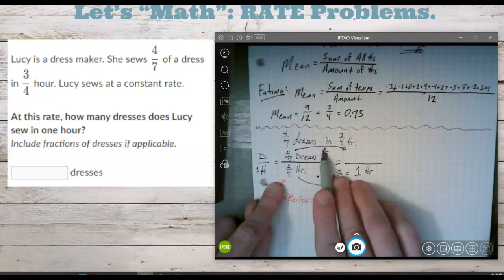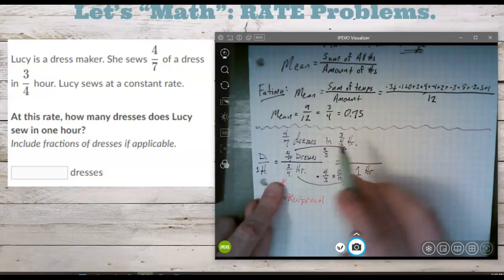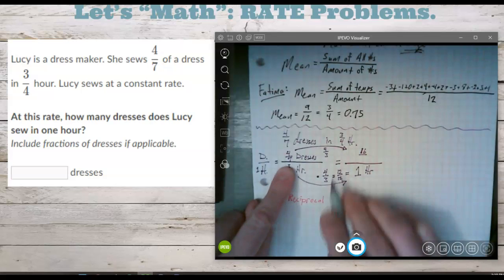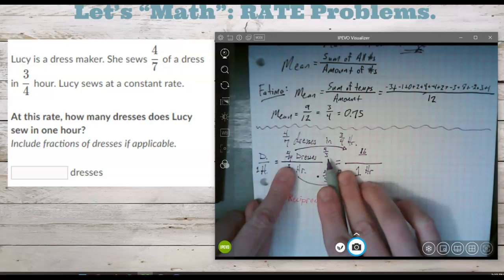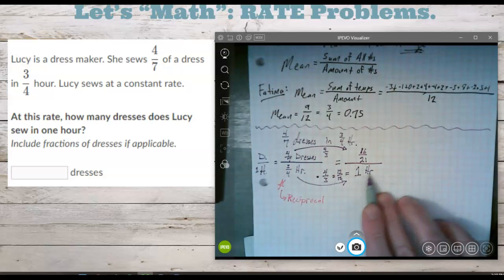What's 4 times 4? 16, thank you. 7 times 3? 21. Now that we have 1 in the denominator, we don't really care about the denominator, but we care about the label.